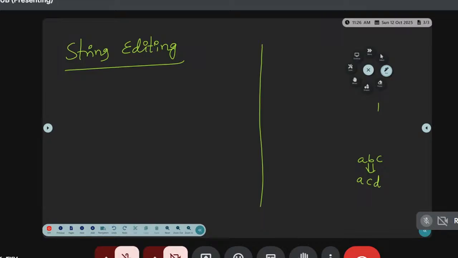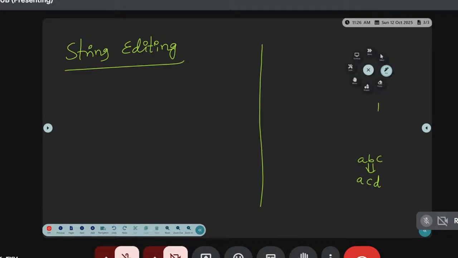Then I can say my string is ABC, somebody edited it and it is converted into ACD. That is string editing: converting ABC into ACD is called string editing.